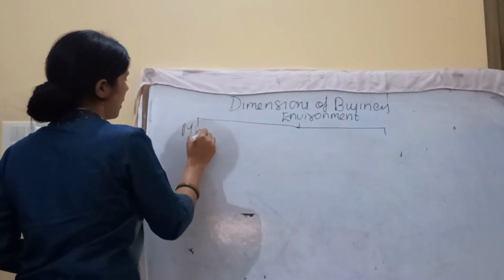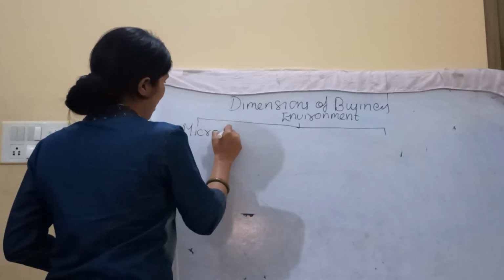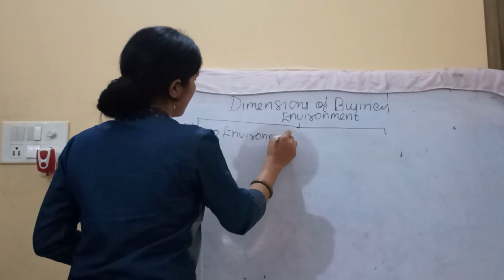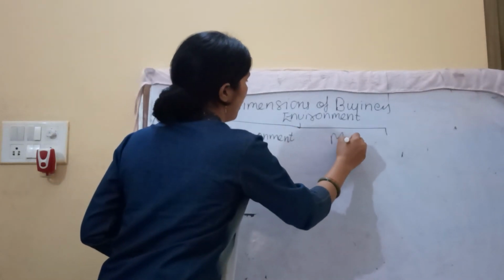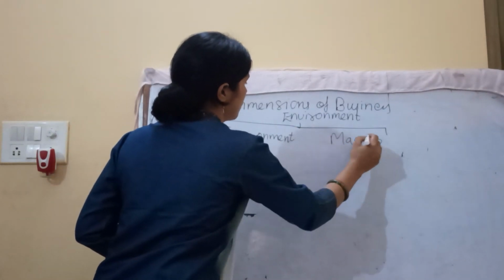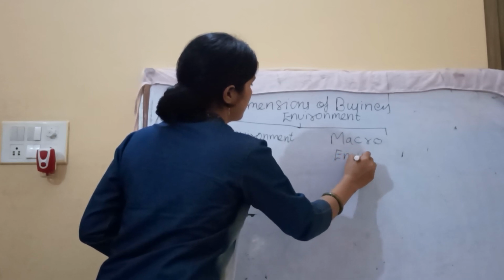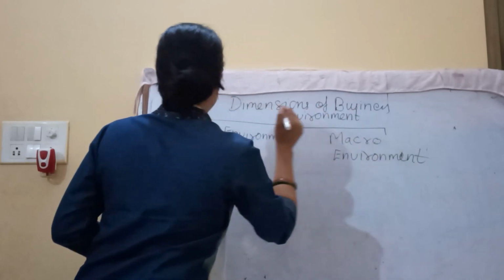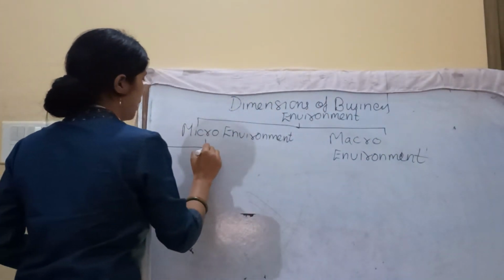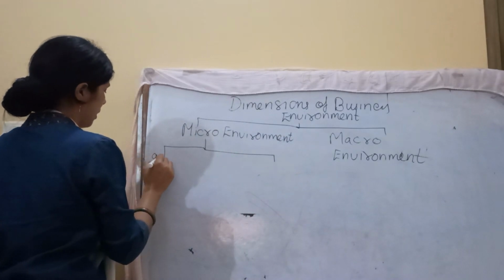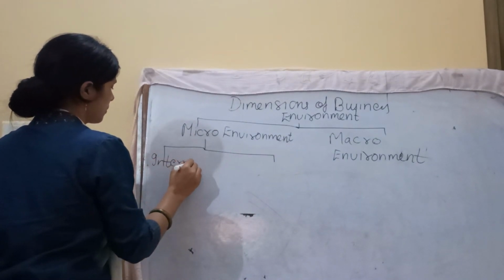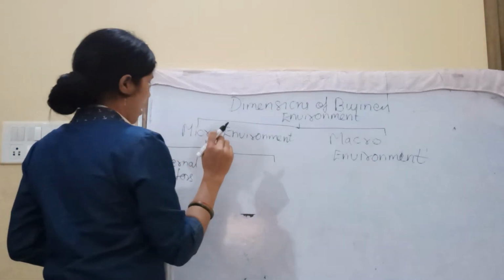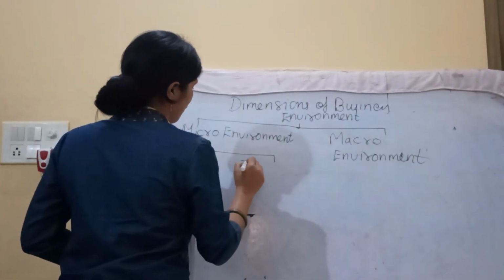The one is micro environment and the other is macro environment. Micro environment is divided into two parts, that is the internal factors and external factors.